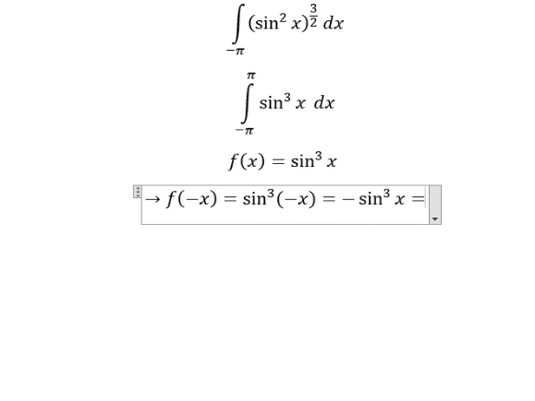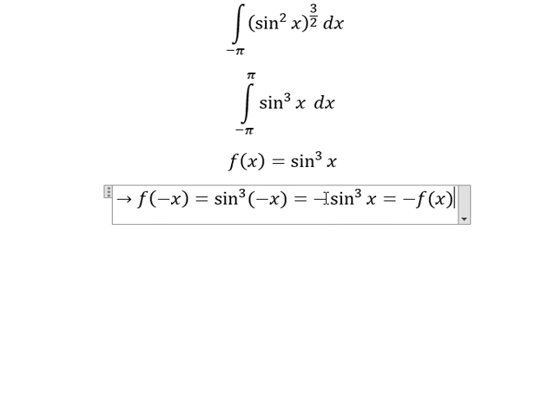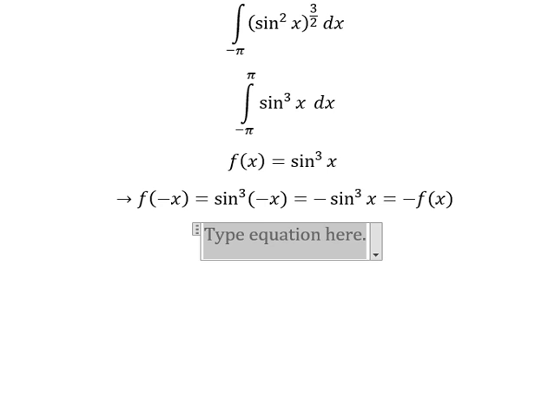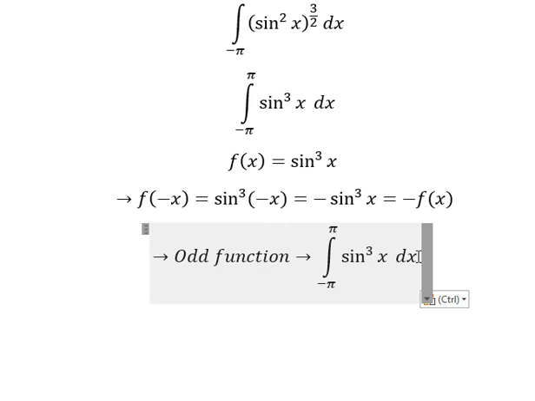That is negative f of s. So the function is an odd function. Because the bounds are symmetric in here, the integration of this one you get 0.